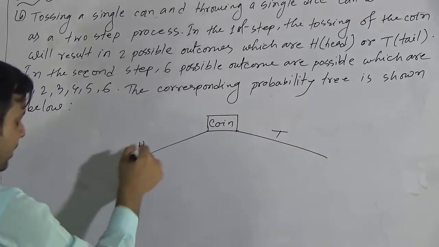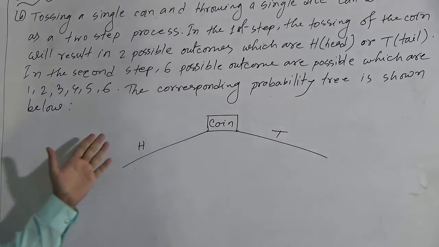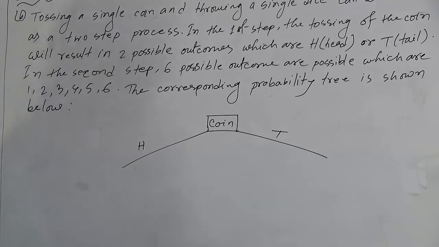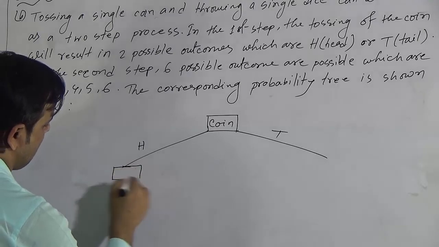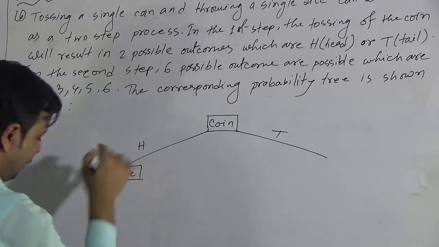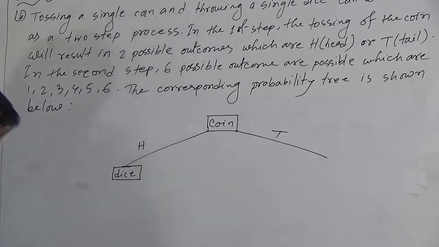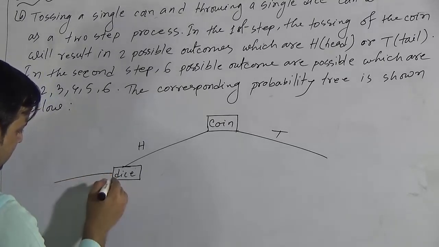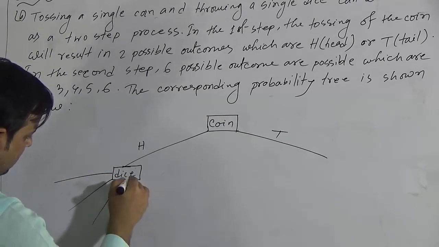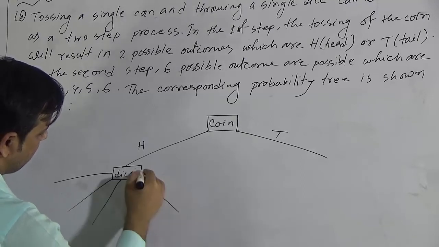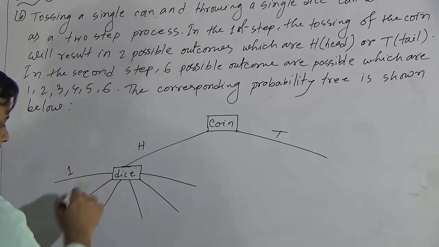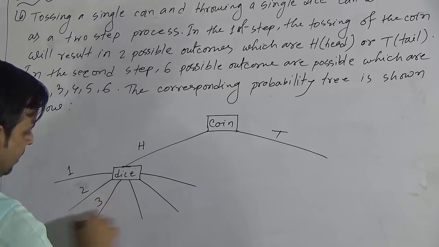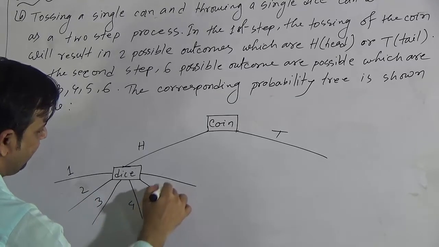And then when we get head in the toss of coin, then we have to toss a dice here. If we toss a dice, we will get six outcomes. So six outcomes are, we may get 1 in dice, we may get 2, we may get 3, we may get 4, we may get 5, we may get 6.